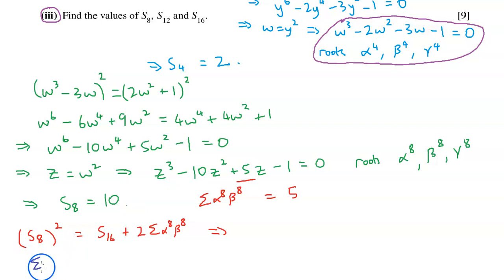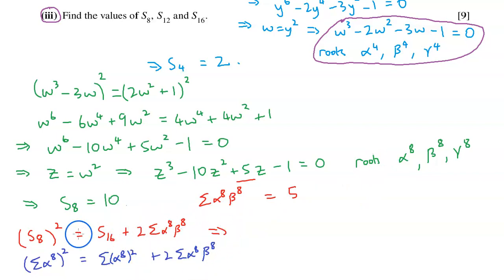So the sum of alpha to the 8, squared, is equal to the sum of alpha to the 16, plus 2 times the sum of alpha to the 8 beta to the 8. It's the same as what we normally do, I'm just writing it slightly different for convenience. So this is the sum of alpha to the 16, which just means alpha to the 16 plus beta to the 16 plus gamma to the 16.